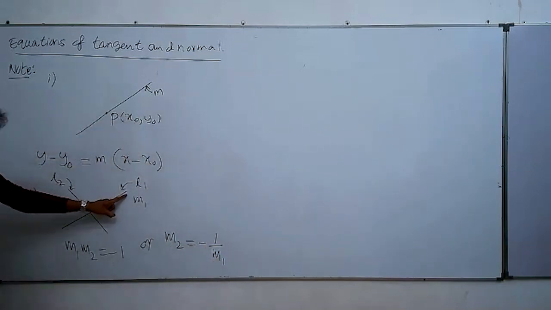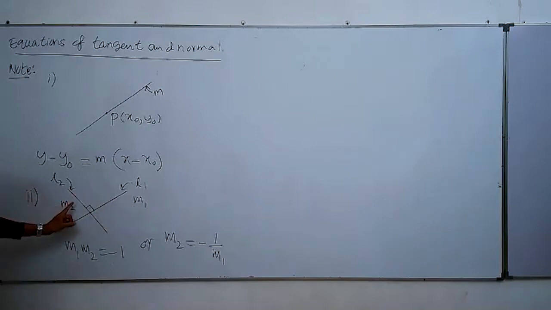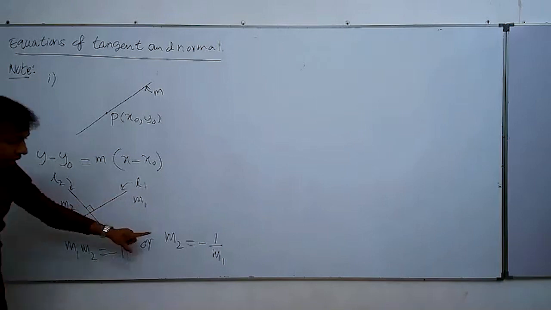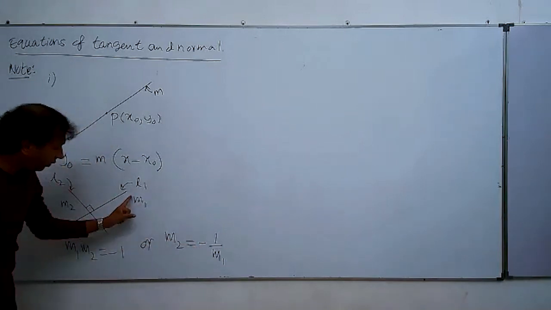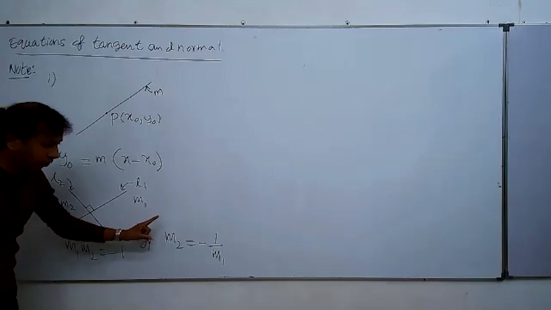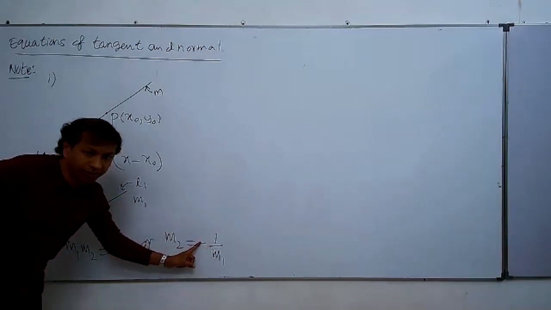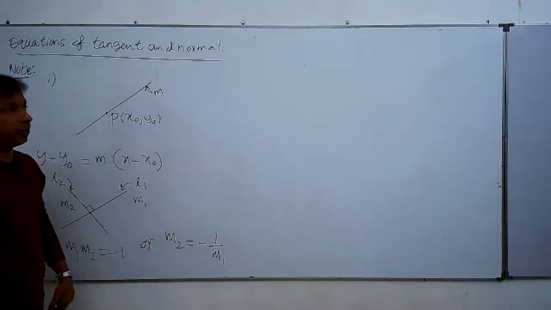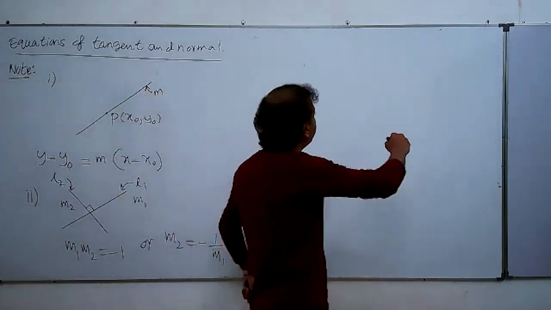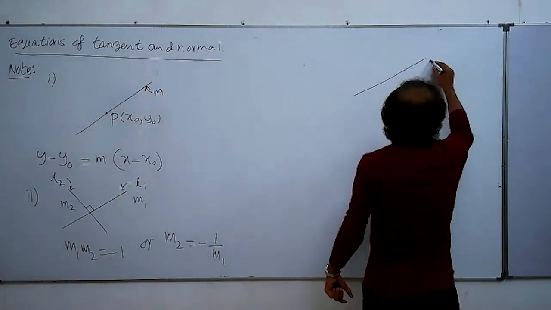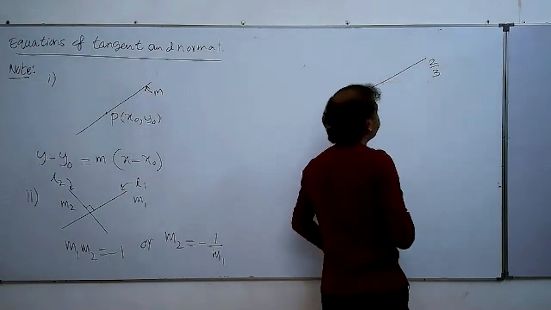If you have a line with gradient, suppose m1, then the gradient of the line which is perpendicular to this can be obtained how? Take the reciprocal of this gradient, 1 upon m1, and multiply that by a minus sign. That means, for example, we have a straight line like this with the gradient 2/3.